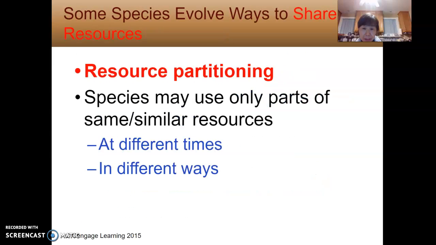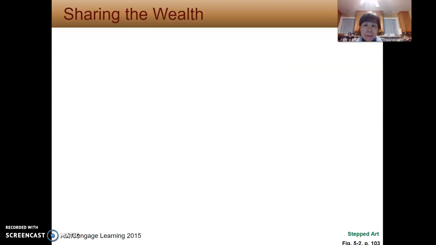To avoid competition, one thing species do is called resource partitioning. They might use the same area, but at a different time, or they use a different part of the same area.